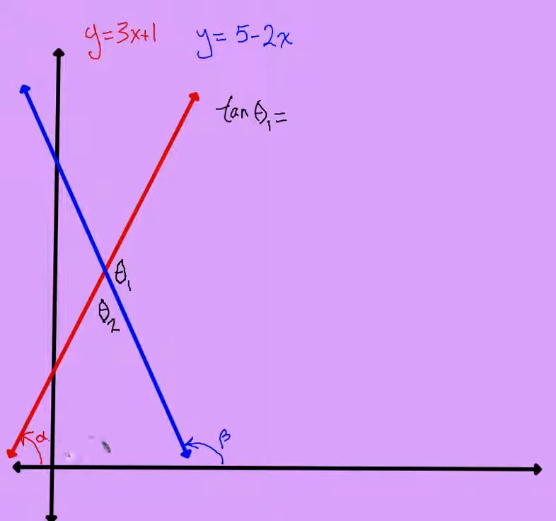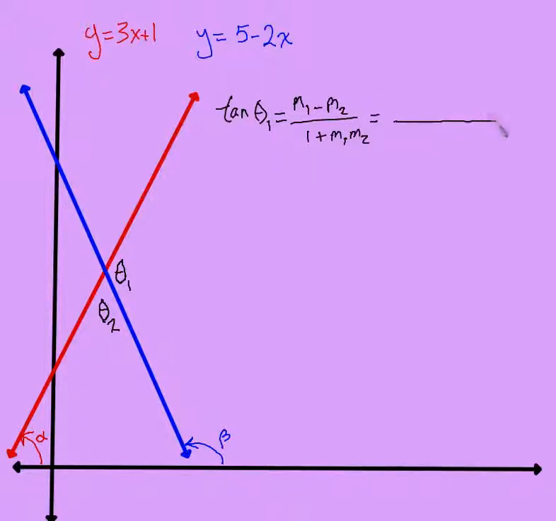So we're doing alpha minus beta, which is going to give us our theta up here. So actually we'll write out the formula here and then we'll fill it in. So this is m1, oops, not plus, m1 minus m2 all over 1 plus m1 m2.